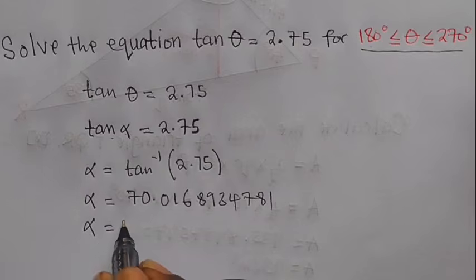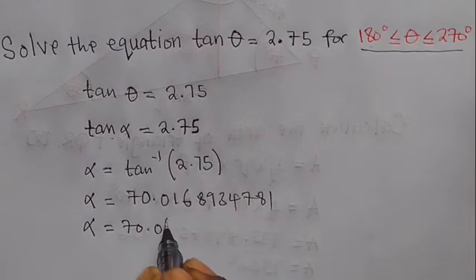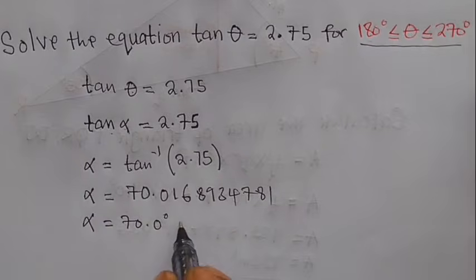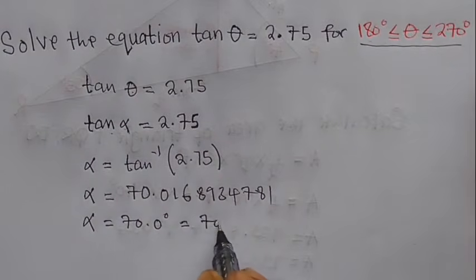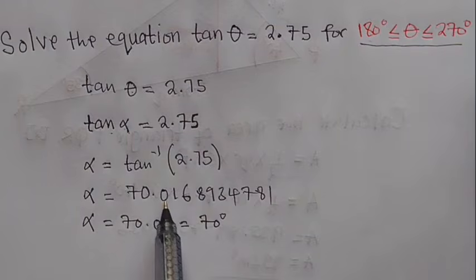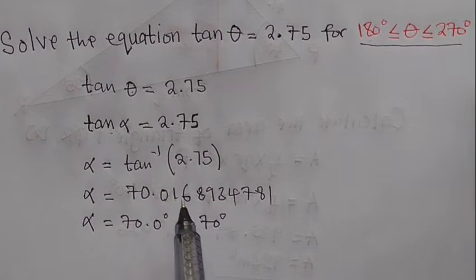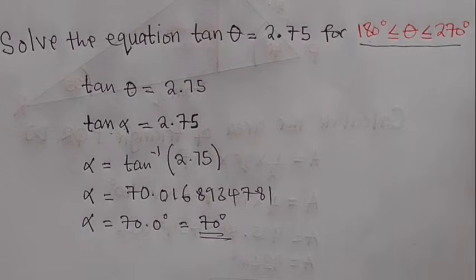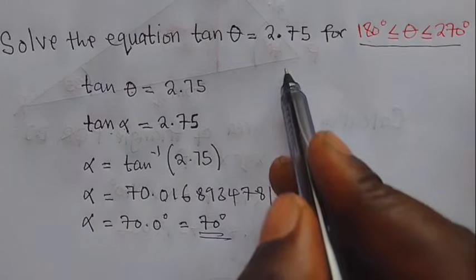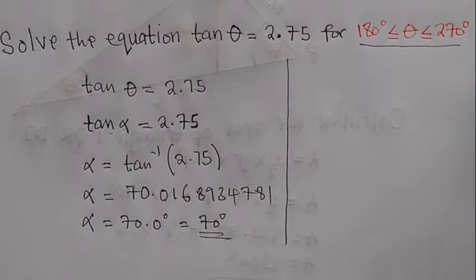Alpha is equal to 70.0 degrees, which is just the same as alpha is equal to 70 degrees, because this 0 can't be rounded up by 1. Okay, so it will be just 0. Now we can also leave it as just 70 degrees. So we know the value of alpha. So if we know the value of alpha, we now need to know the value of theta.